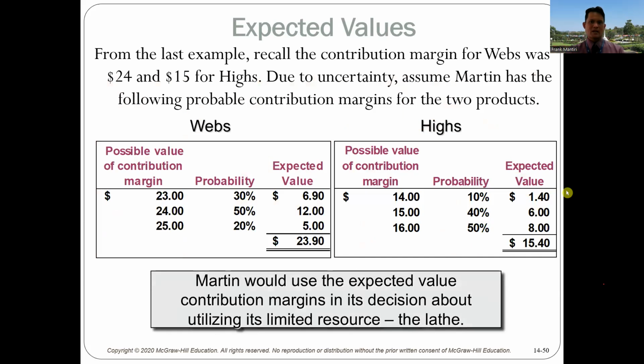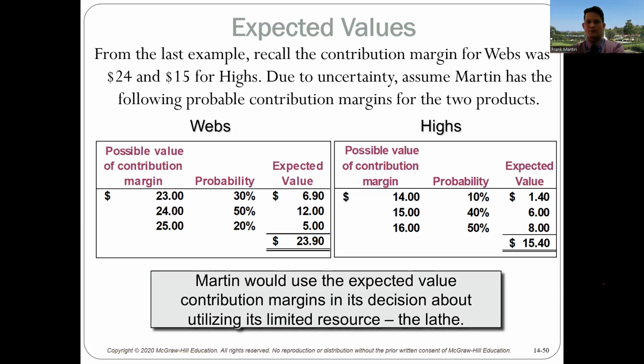Okay. Now, for example, in here, expected values. From the last example, recall the contribution margin for webs was 24 and 15 for highs. Due to uncertainty, assume that Martin has the following probable contribution margins for the two products, webs and highs. You see, the possible values of contribution margin, this is talking about probability.